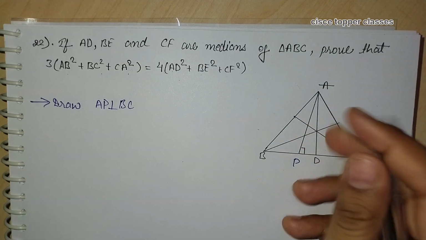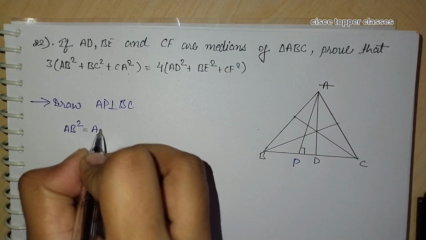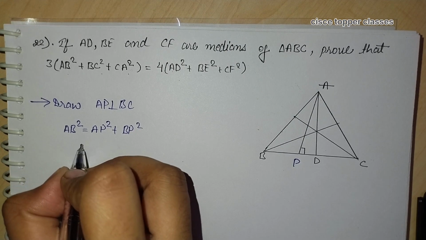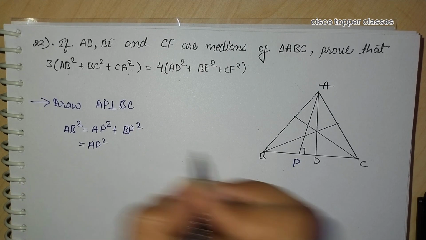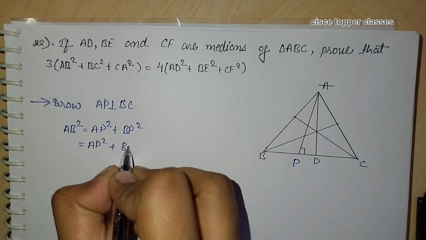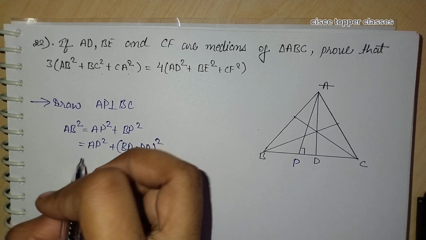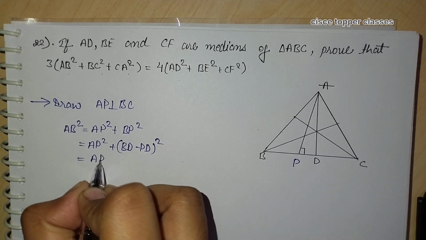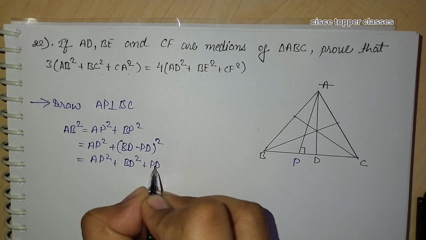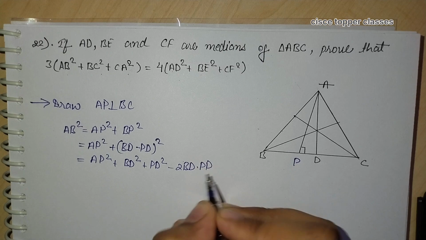Because this is perpendicular, we can write AB square is equal to AP square plus BP square. Now this BP we can write as BD minus PD. So BD minus PD whole square, and this will be AP square plus BD square plus PD square minus 2 BD into PD.